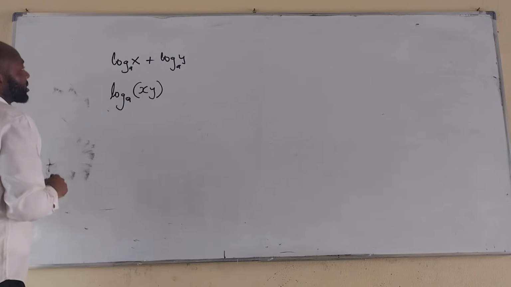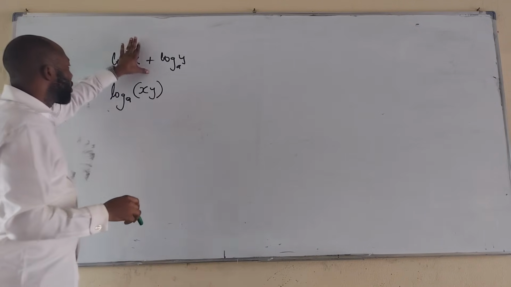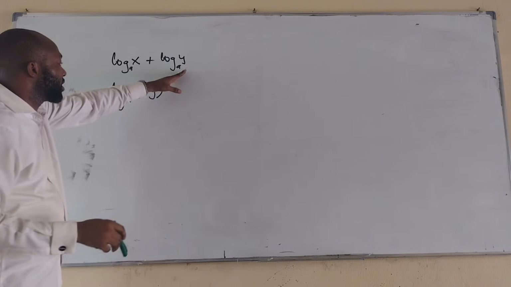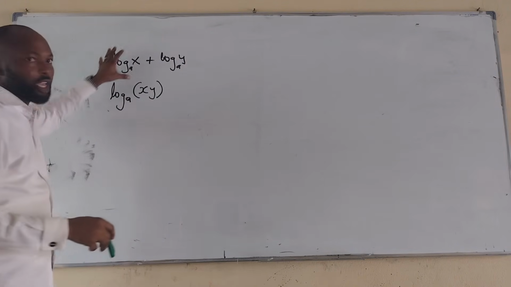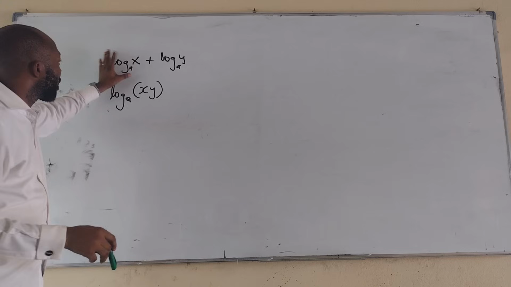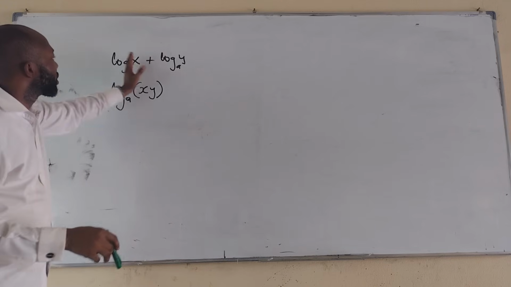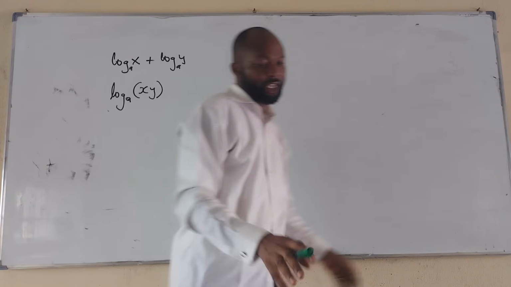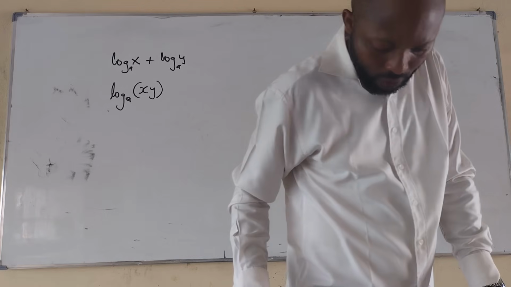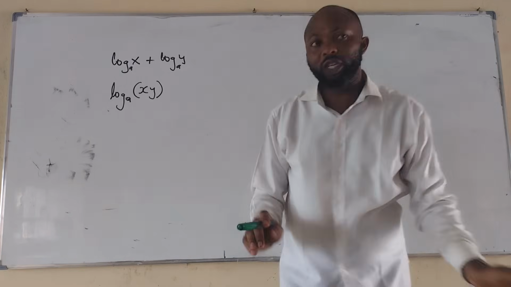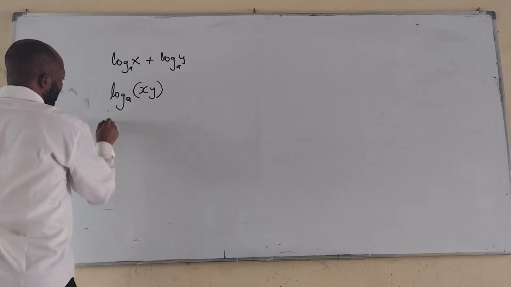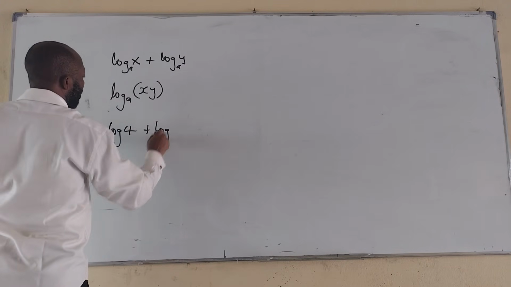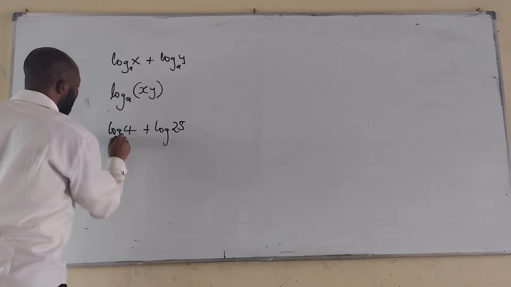It means that when I have the log of one number in a common base and another number in the same base, I should take the log in the common base once and multiply the numbers. That's the law. Let's take one example and see how that works. Log 4 plus log 25, all in base 10.